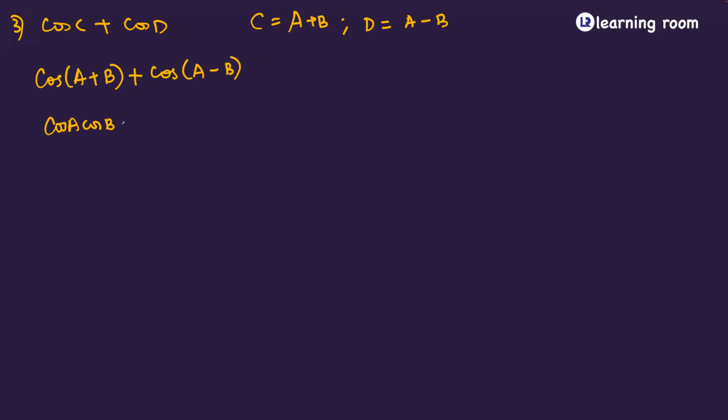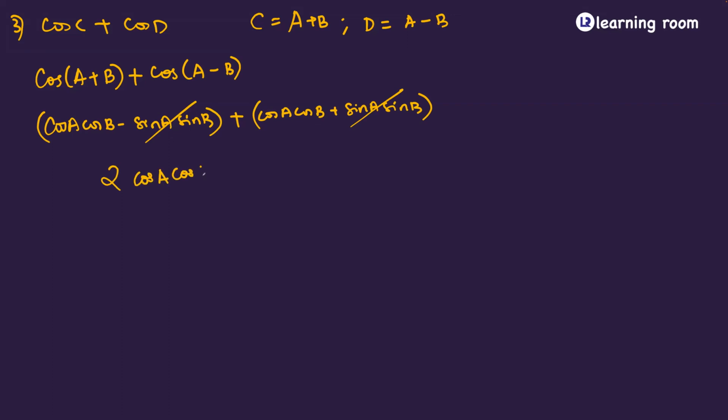Cos A cos B minus sin A sin B. Plus what is cos of A minus B? It is cos A cos B plus sin A sin B. So sin A sin B and sin A sin B will get cancelled. So you have 2 times cos A into cos B.